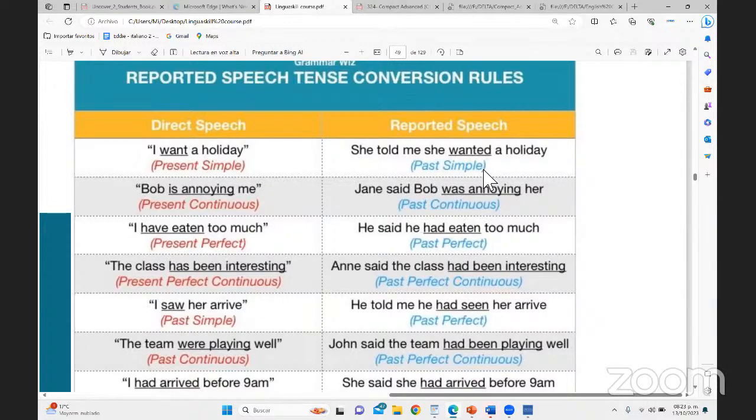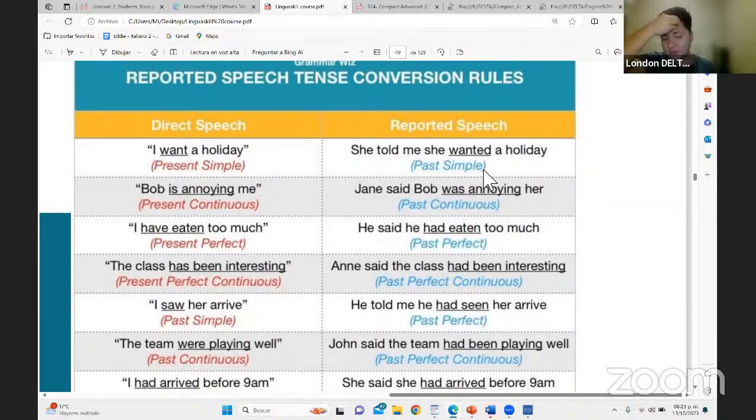I saw her arrive. He told me he had seen her arrive. The team were playing well. John said the team had been playing well. I had arrived before 9 a.m. She said she had arrived before 9 a.m.